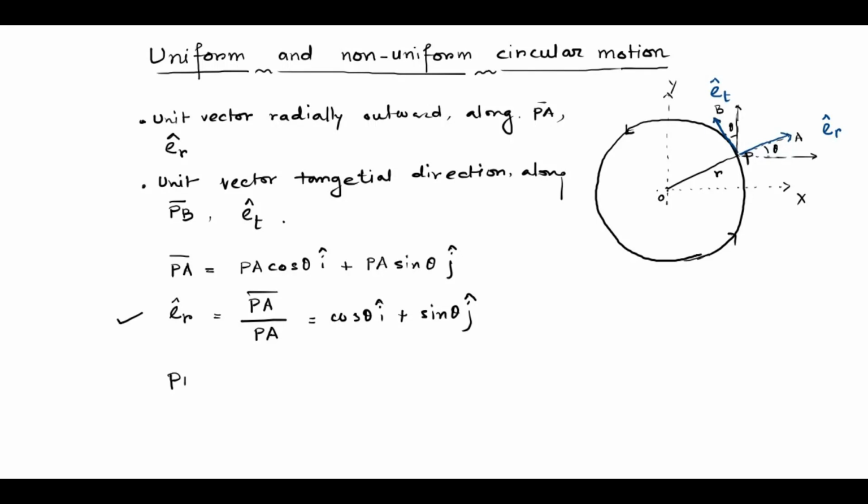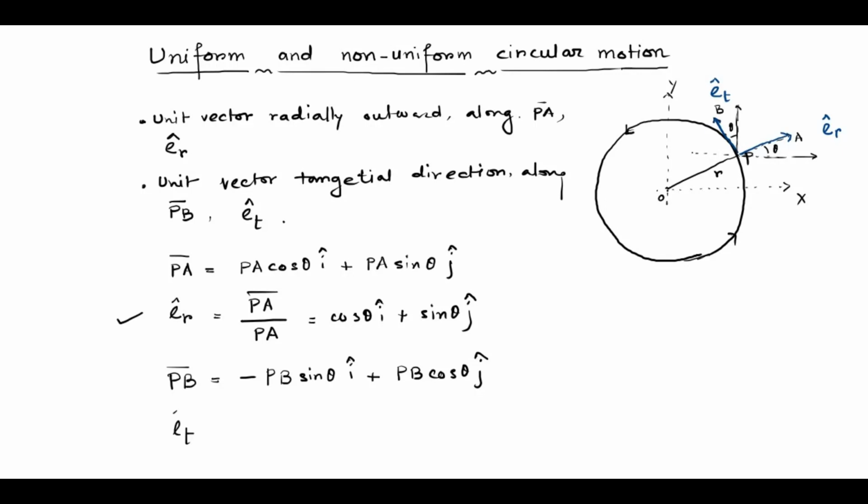The component of PB along the x-axis is minus PB sin theta, so minus PB sin theta i hat, plus PB cos theta along the y-axis, so it is j hat.